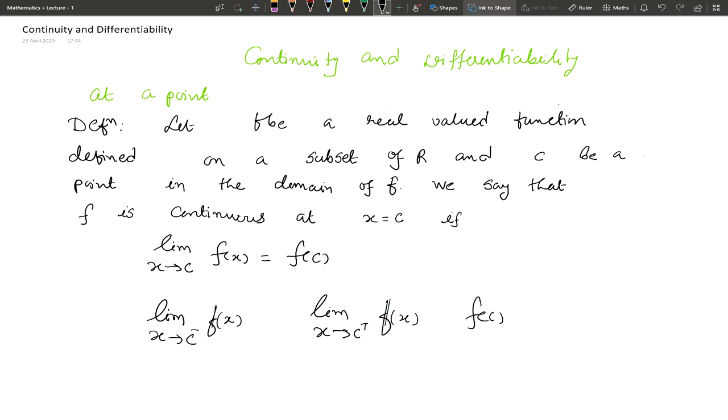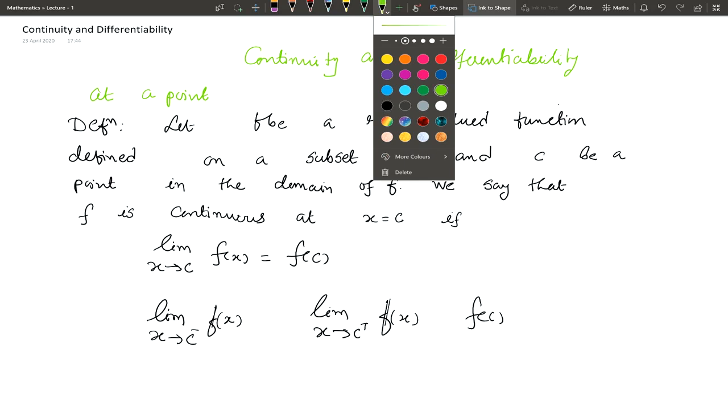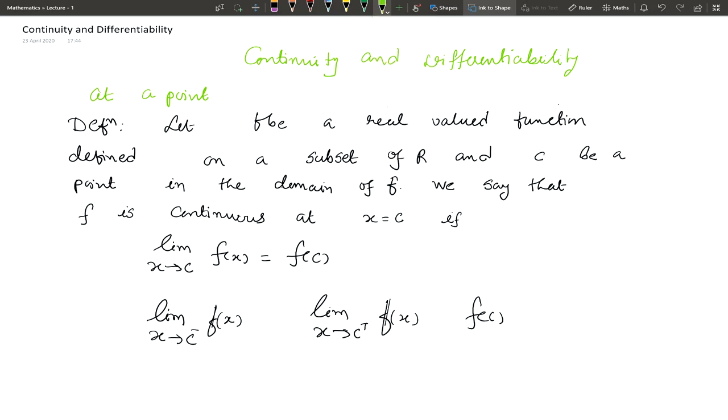So function is continuous at x equal to c if left hand side limit must exist, right hand side limit must exist, and all these three are equal. Then we say that function is continuous at x equal to c.